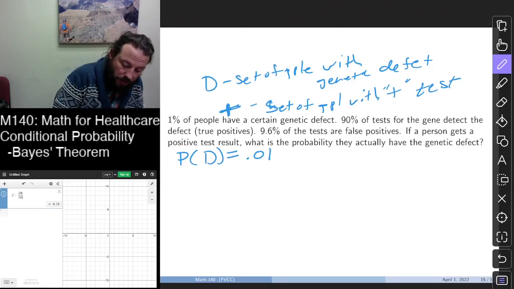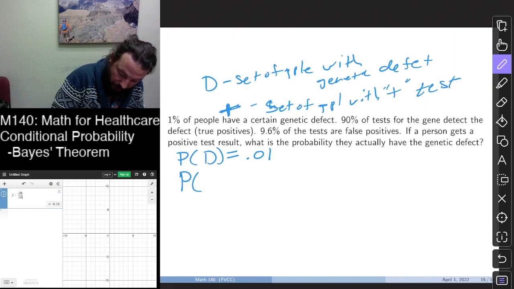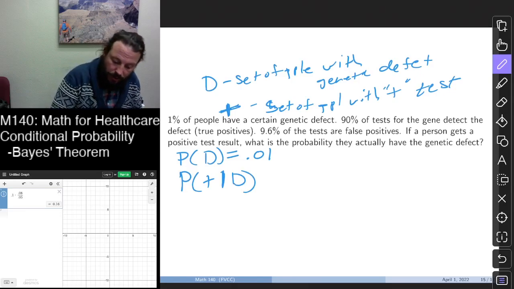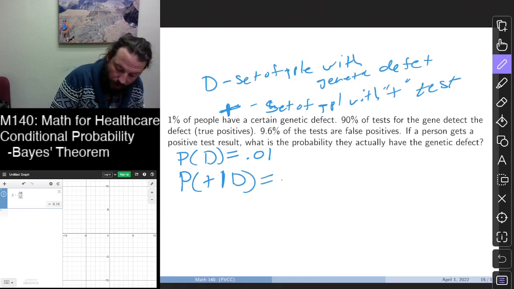That's a conditional probability: the probability of testing positive given you have the genetic defect is 0.9.